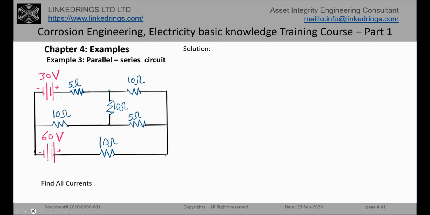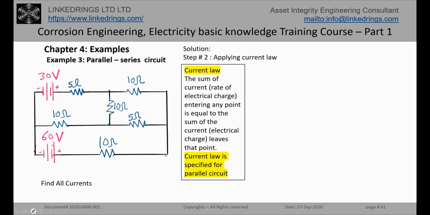This is our circuit. This is the current law, so let's start with it. This current is I1, going in this direction, and the current passing will be divided into this current, I2, and the other current, which will be I1 minus I2. A new current will go in this direction called I3.